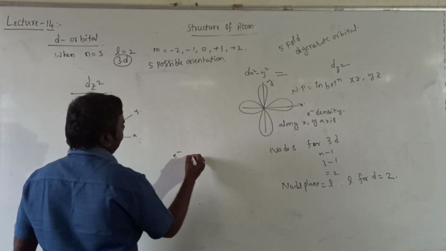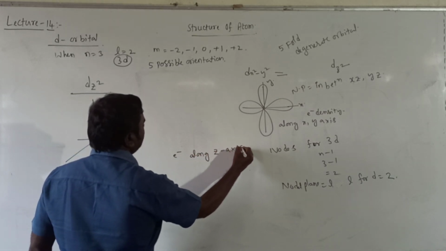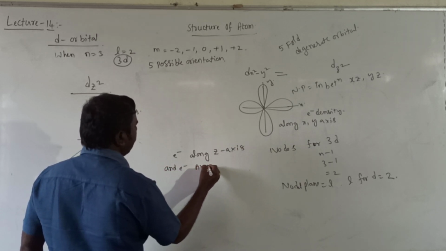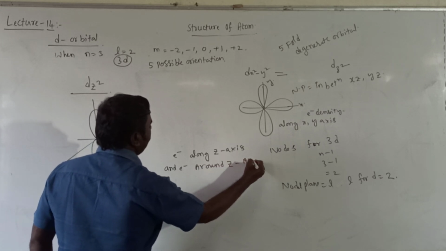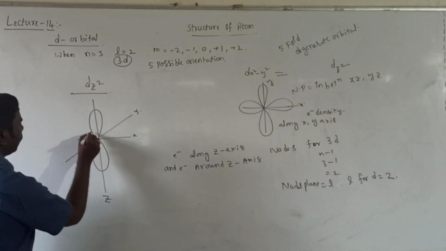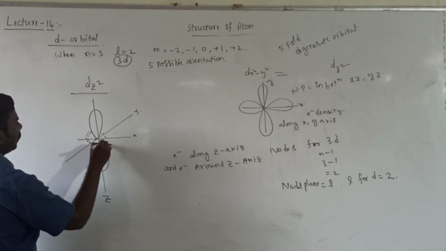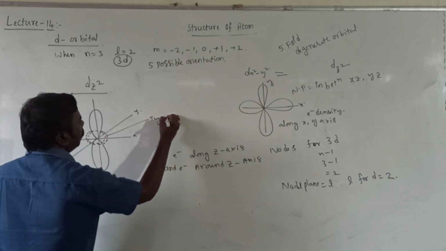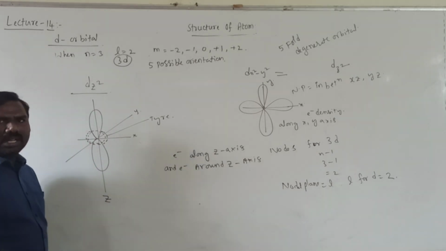Electron density along z axis and electron density around z axis. Around z axis, remember, this is like this. This is a tire-like shape. This is also electron density.